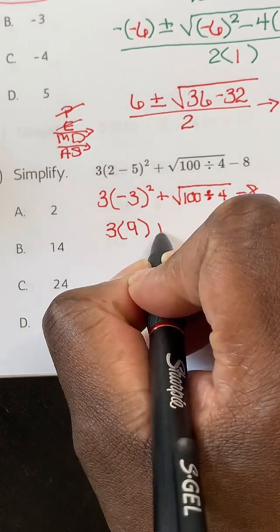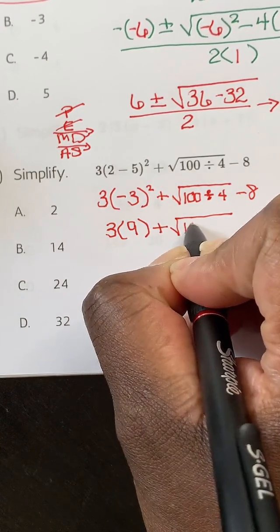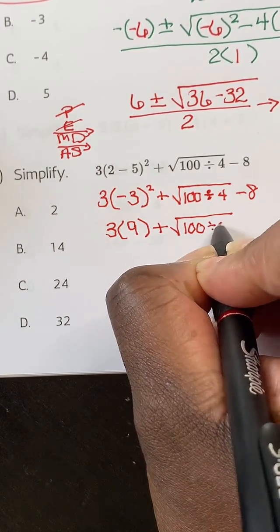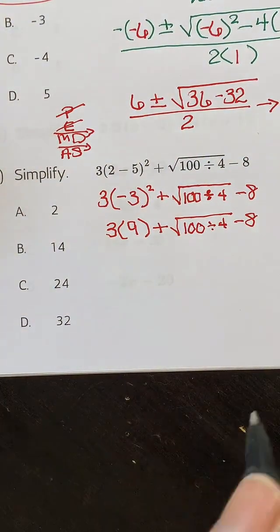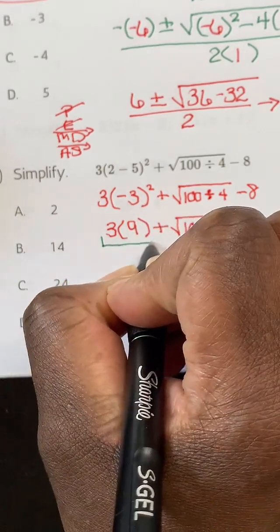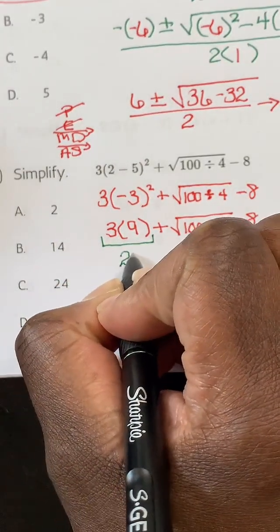So we have multiplication or division from left to right. So that means I can combine 3 times 9, which gives me my 27.